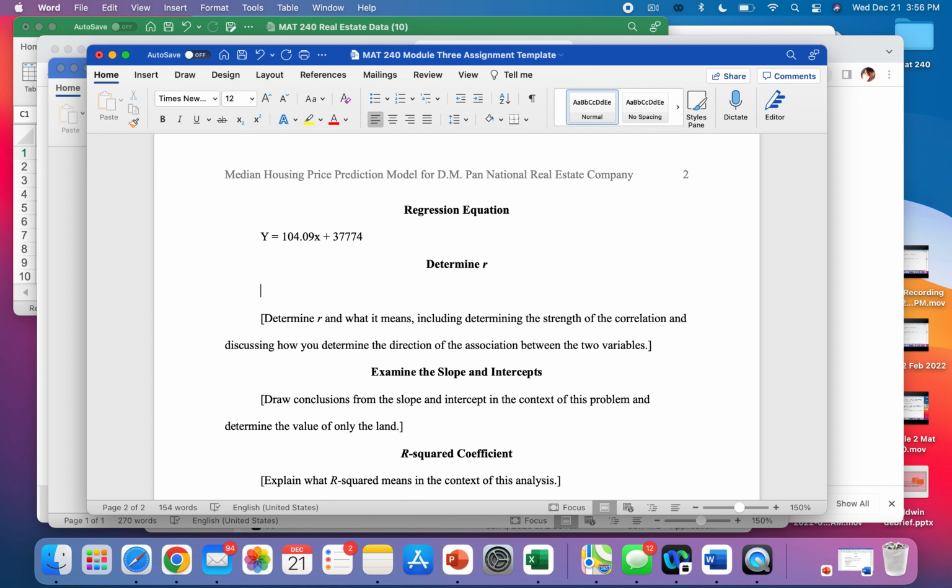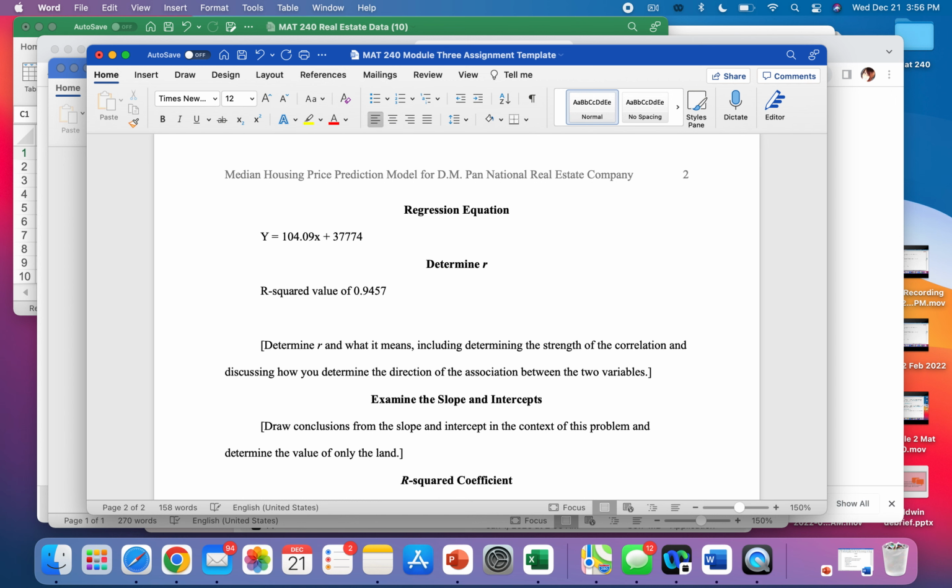Determine what R is and what it means, and determine the strength. So I have my R squared value of 0.9457.